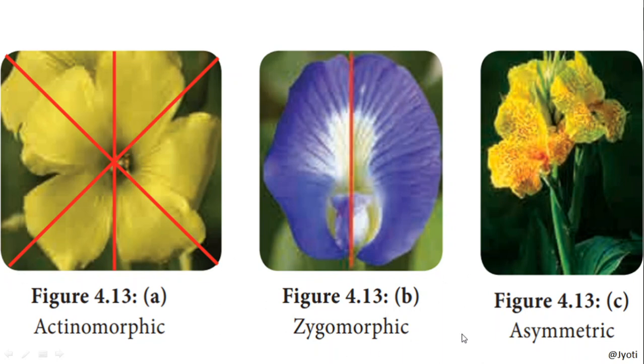Now here in zygomorphic, or bilateral symmetry, you can see the flower can be divided into two equal halves in only one vertical plane. Then this is the asymmetric flower of canna. Here you can see the flower has no definite symmetry and the flower cannot be divided into two equal halves in any vertical plane.